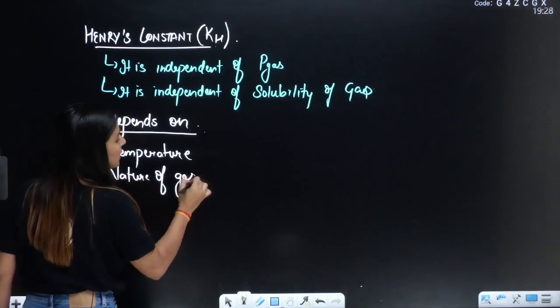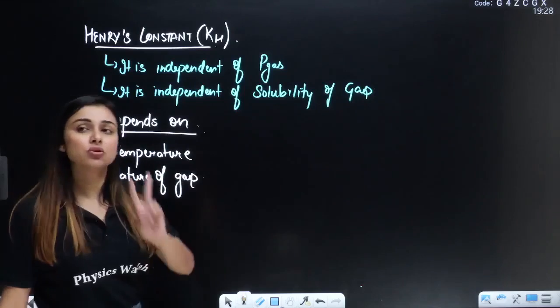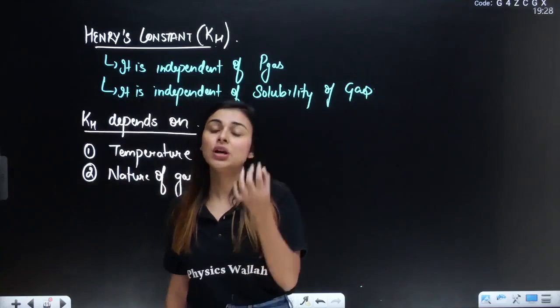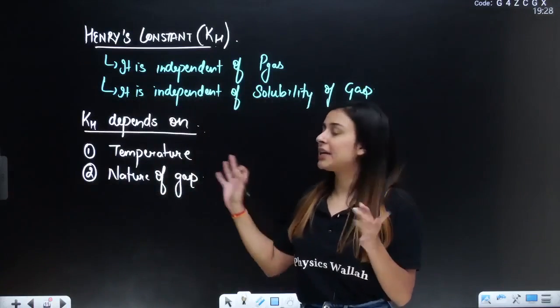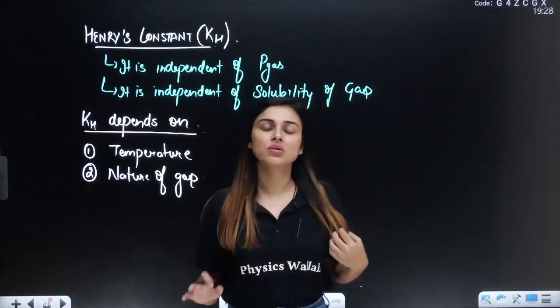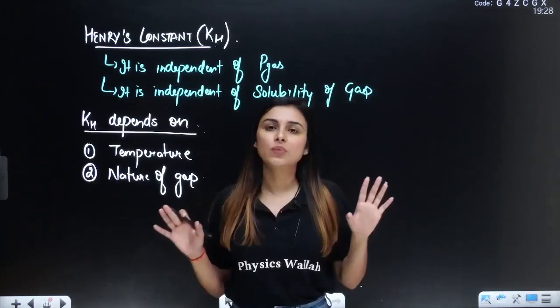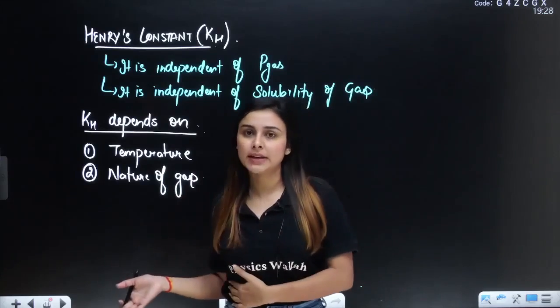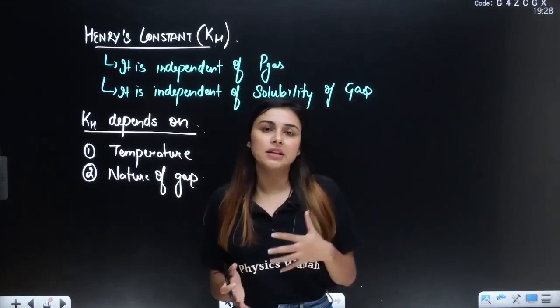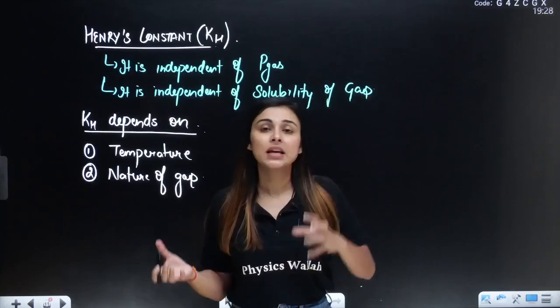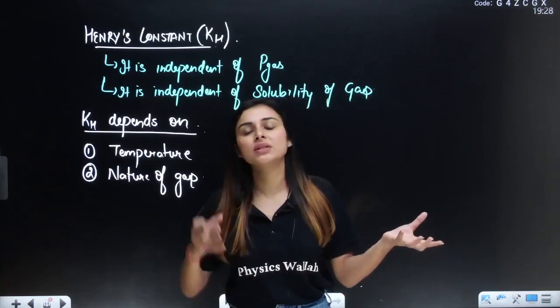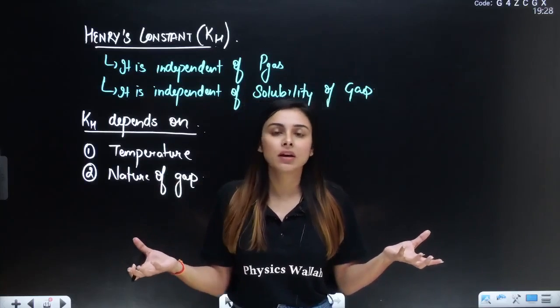Now let's understand this. As long as, my dear students, the temperature is constant, the KH value will be the same for one particular gas. If you have different gases, let us say CO2 gas and N2 gas, then CO2 will have its Henry's constant and N2 gas will have its own Henry's constant.